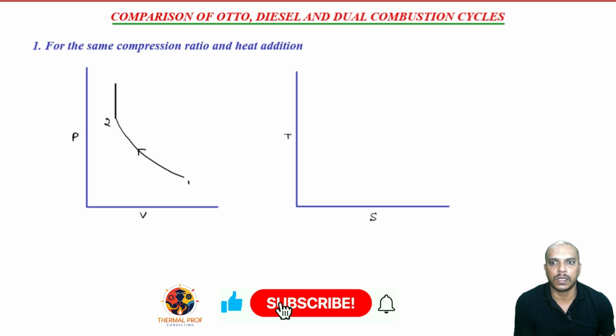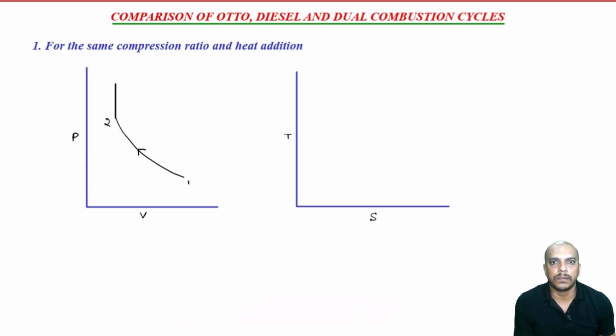Constant volume looks like this in a PV plot. Then is constant volume heat addition. Then again reversible adiabatic expansion, 3 to 4.